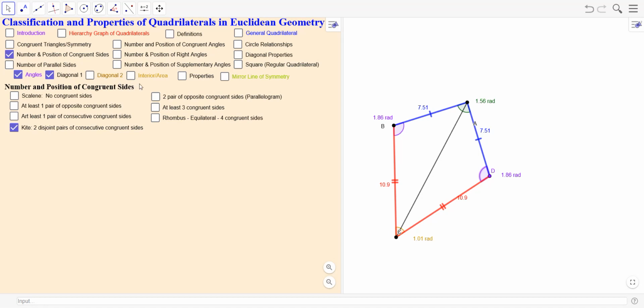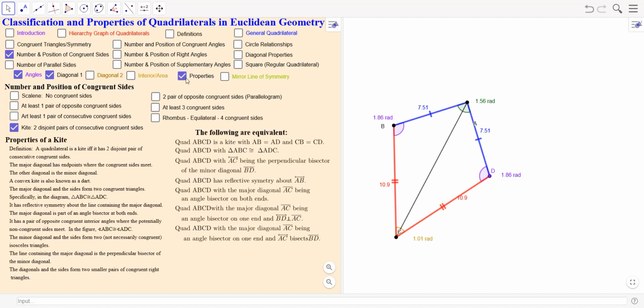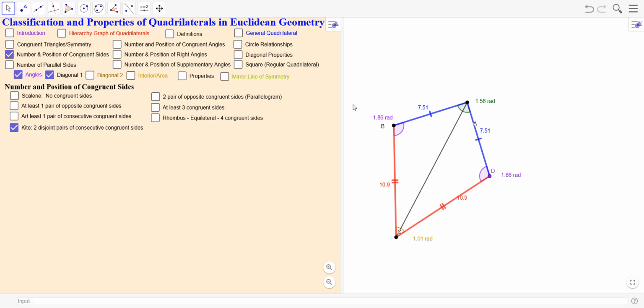Okay. In addition, we have some other interesting things. That means that these little angles here are the same size. In other words, this is A, angle BAC is congruent to angle DAC, which we could do that by measuring. Let's go ahead and do that.